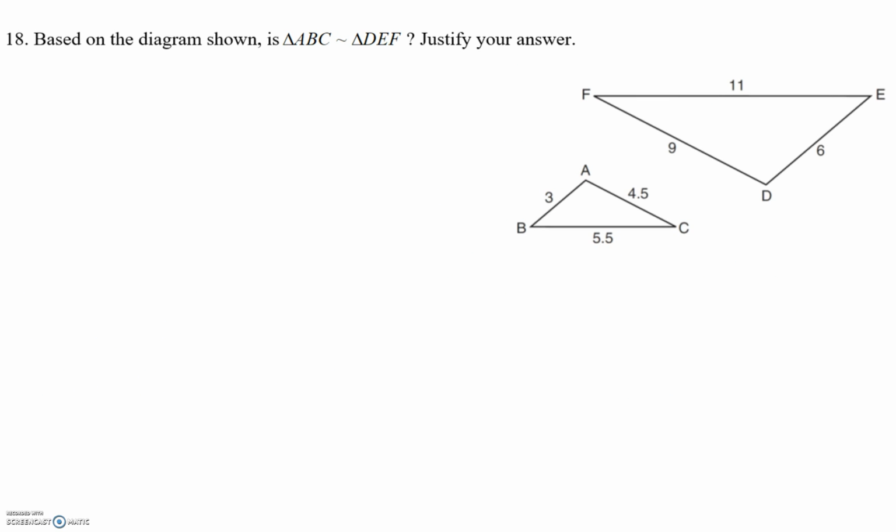And for 18, based on the diagram shown, is triangle ABC similar to triangle DEF, and we have to justify your answer. So let's look at our mappings. We have AB, which is 3, corresponding to side DE. We have BC corresponding to EF.